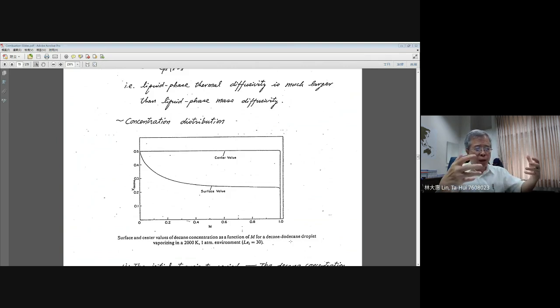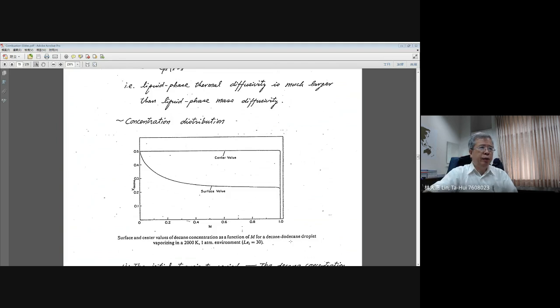Heat will be supplied to this multi-component droplet, and evaporation will start based on the boiling point, and in the evaporation process of the droplets, definitely decane will start to evaporate earlier than the dodecane.